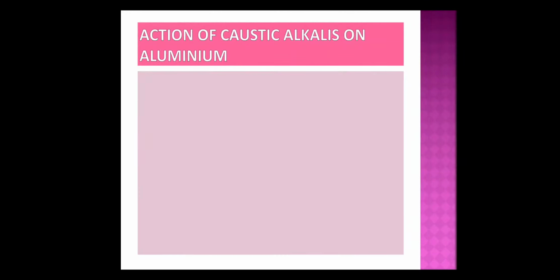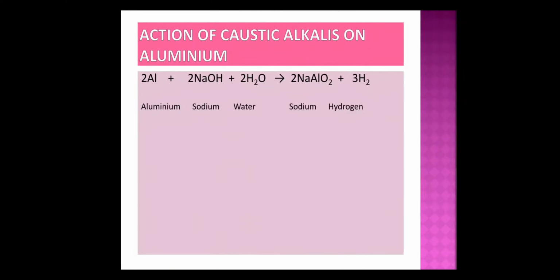Coming to the next one. Action of caustic alkali on aluminium, means how does aluminium react with sodium hydroxide and potassium hydroxide. In this reaction of aluminium with sodium hydroxide we also need water. Aluminium reacts with sodium hydroxide and water to give us sodium aluminate and hydrogen.